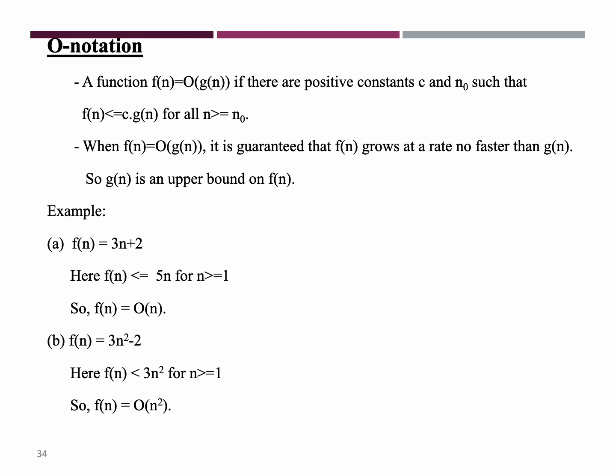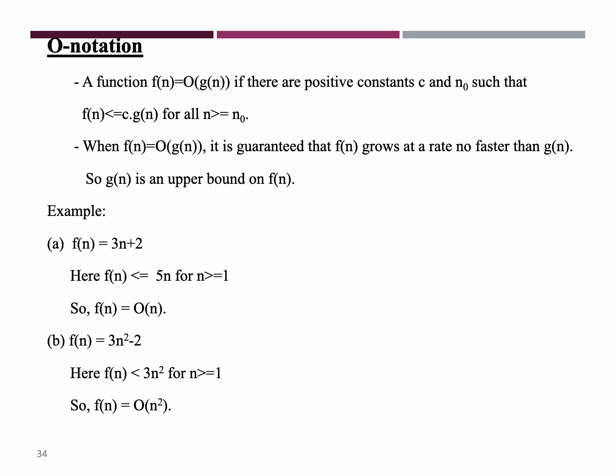So here are some examples. In the first example, we have f(n) = 3n + 1. In this case, we can see that f(n) is bounded by 5n for n ≥ 1. So we write f(n) = O(n). Here the linear term 3n dominates as n grows larger, and the constant becomes insignificant.